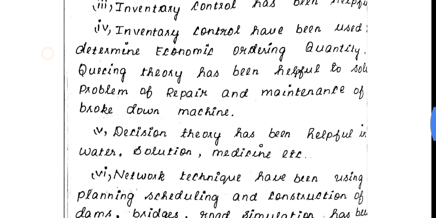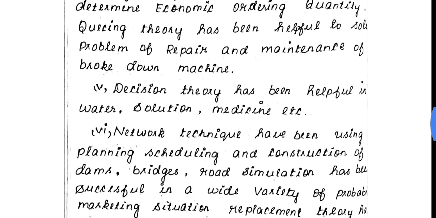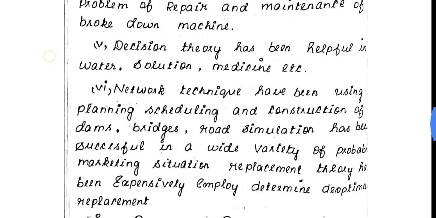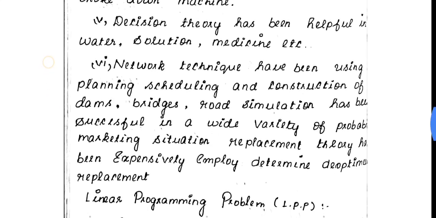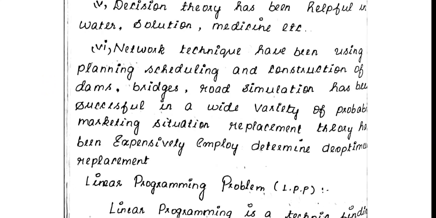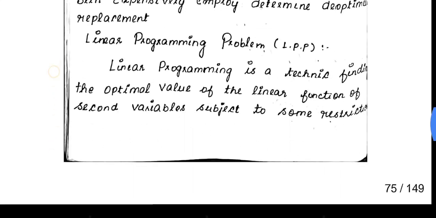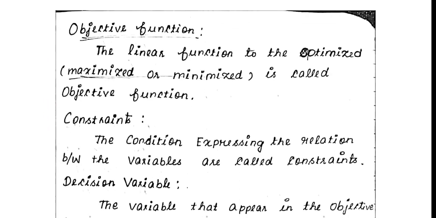LPP. Linear programming is a technique that finds the optimal value of a linear function of several variables subject to some conditions. Objective function: the linear function to be optimized, maximized or minimized, is called the objective function. Constraint: the conditions expressing the relation between the variables are called constraints.